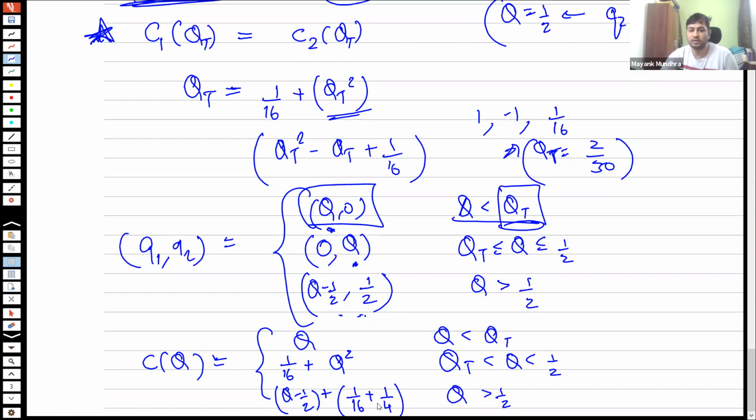Okay, so that is your complete characterization of the cost function. I have given you the entire cost function in terms of just one variable, capital Q. That's all.